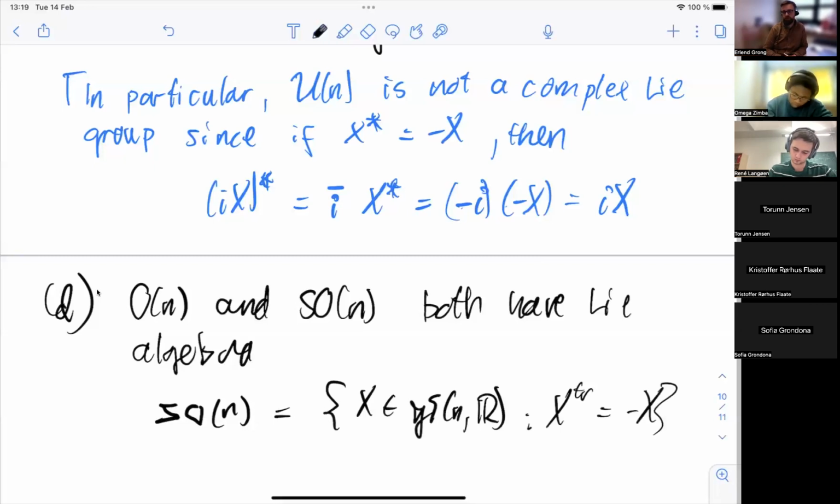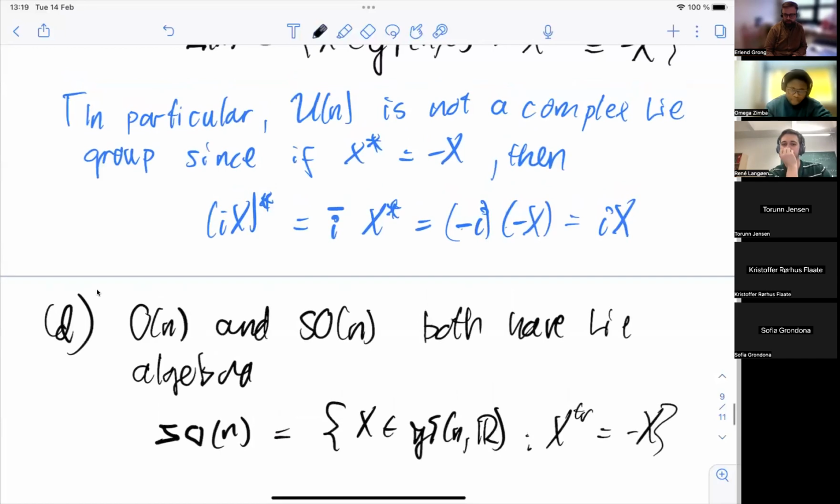And of course, if your Lie algebra only consists of real matrices, then you are not a complex Lie group, because if you multiply by i, you get complex numbers, so you get out of your Lie algebra. So I'll prove this. Are there any questions to the statement itself?